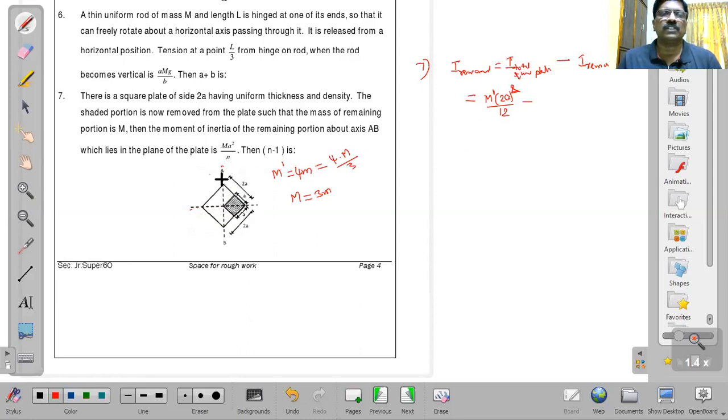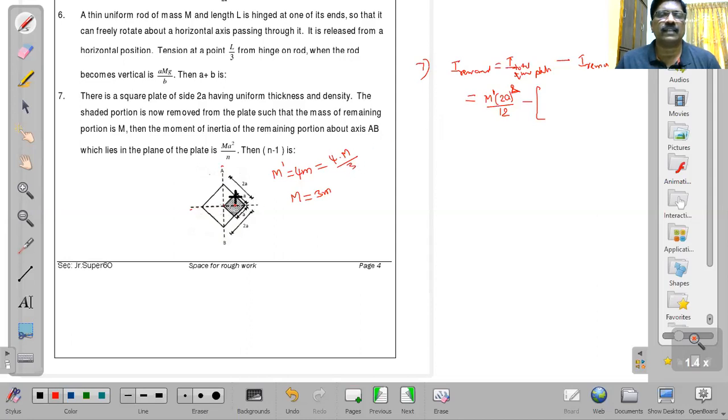Therefore, the moment of inertia of the removed part about the same axis, passing through the center of mass of the removed part and parallel to the given axis, is the same formula, but the mass of the removed part is small m. According to the parallel axis theorem, Iz, the moment of inertia of the removed part about an axis passing through its center of mass, is ml square by 12 only.